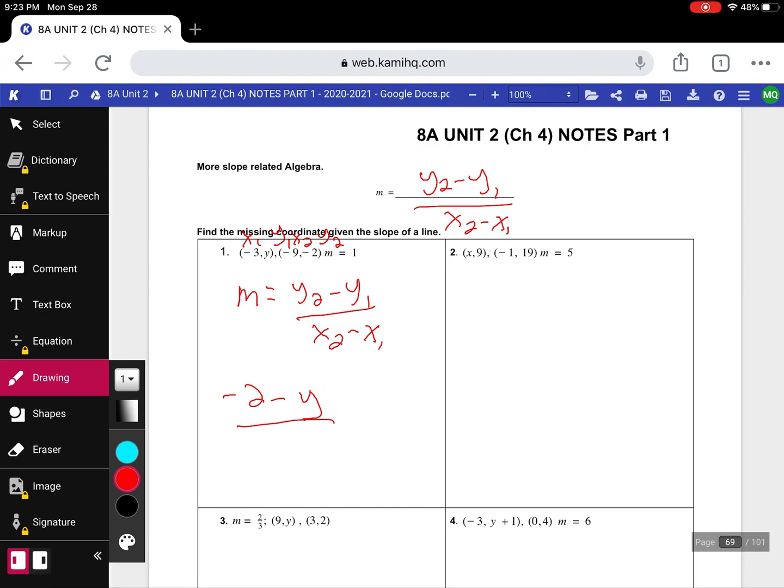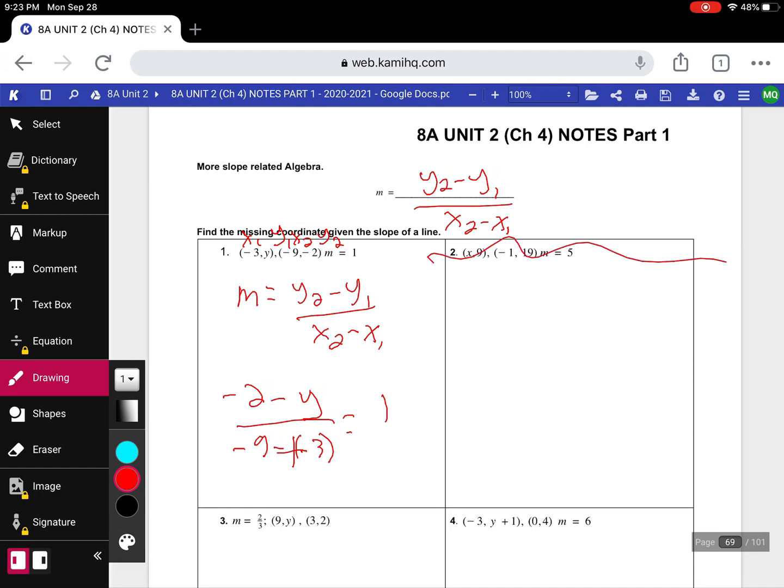Over x2 minus x1, x2 is -9, minus, let's see, what is my x1? It looks like it's a -3, right? So we'll have a -3. And we actually know the slope. It's 1. Okay, how do I solve this problem? Well, here I've got -9 minus a -3. So that becomes what? -6.